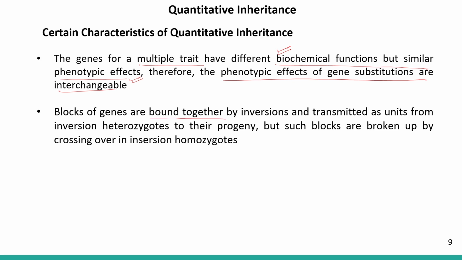Blocks of genes are bound together by inversion and transmitted as a unit from inversion heterozygotes to their progeny, but such blocks are broken up by crossing over in the homozygote. So what happens? Sometimes there is an inversion, sometimes there is a crossing over. When there is a crossing over or inversion, a gene is deleted from here and moved to another place.